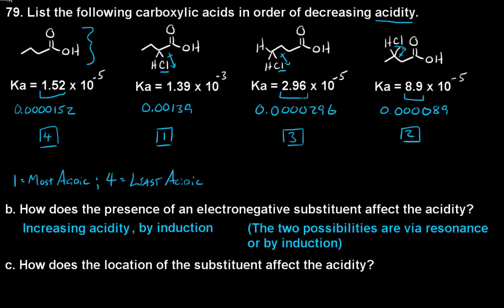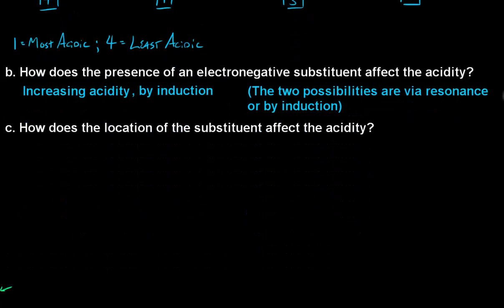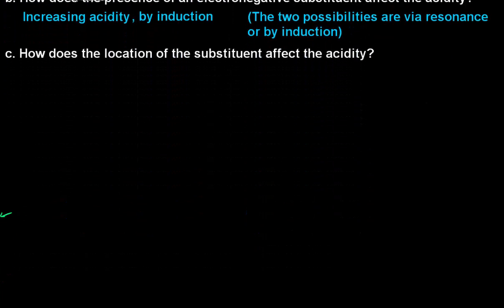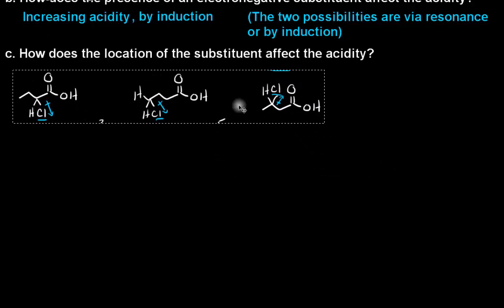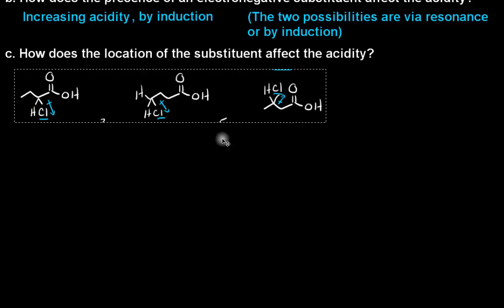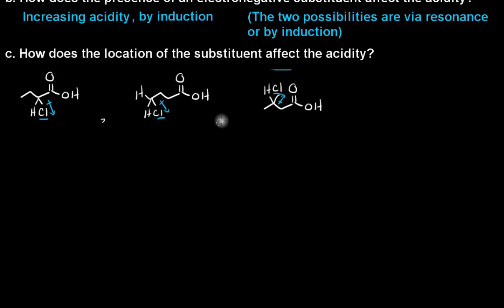Let's go ahead and copy all these guys and pull them down a little bit. Basically, what we're going to talk about in class, if we haven't talked about it already, is that the acidity is directly correlated with how stable the resulting compound is.